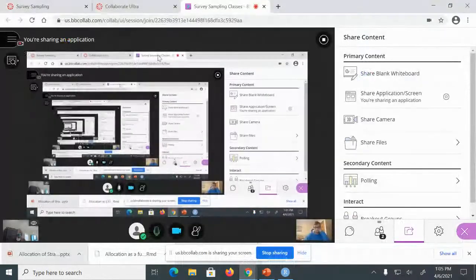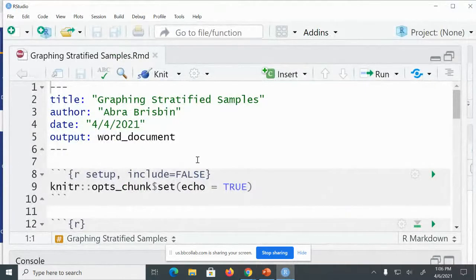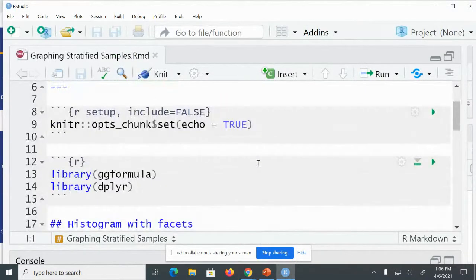So this is the graphing stratified samples R Markdown document, so you can refer to this after class. And I'll start by loading my packages to make graphs and work with data frames.